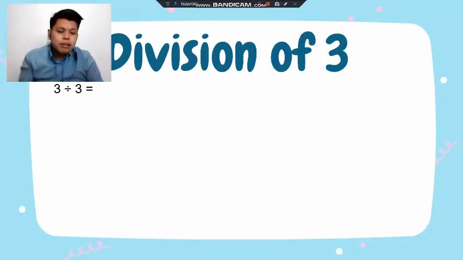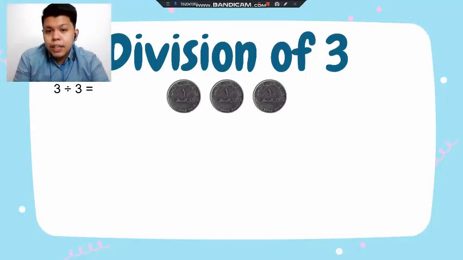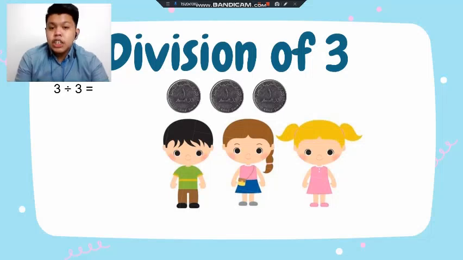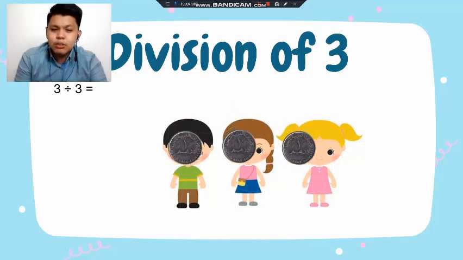So that will be our dividend. 3 divided by 3. So for example, I have three 1 dirham coins and 3 kids. So how many 1 dirham will each kid have? Of course, there are only 3.